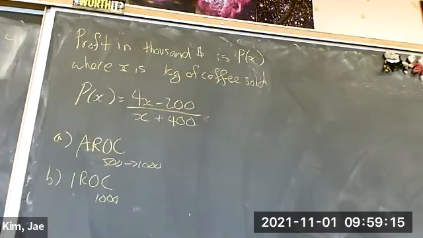Let's see. It turns into 0 when I get like a 50. And when x is 0, I get negative half. Something like that. So I'm guessing it's going to be something like this then. The horizontal asymptote is at 4-ish.